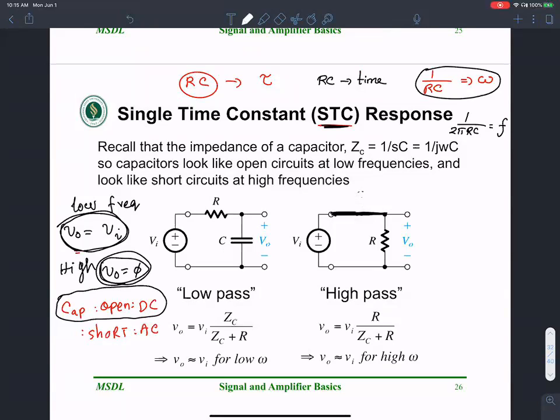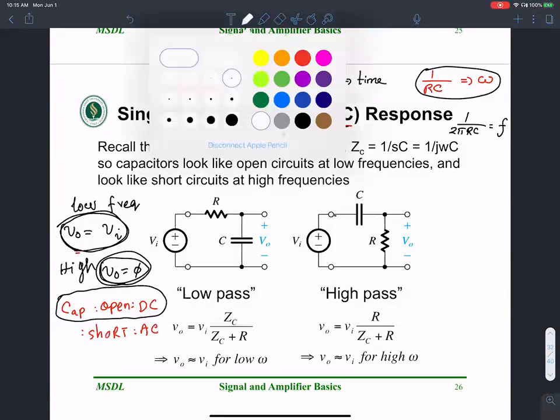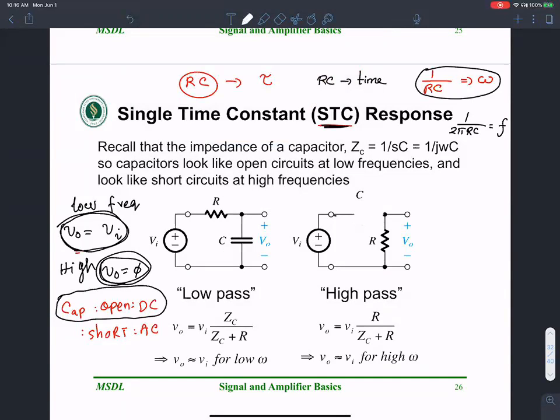So the capacitance disappears, and all the voltage is passed through the resistance. And at really low frequencies, the capacitance acts as an open circuit. There's no voltage drop across resistance R0. So the capacitance blocks low frequencies and passes high frequencies. Therefore, it's called a high pass circuit.